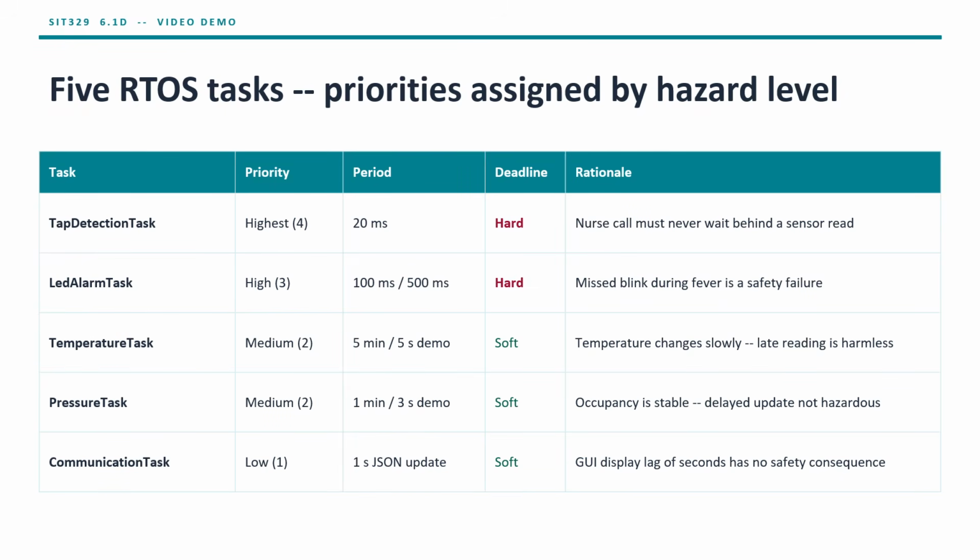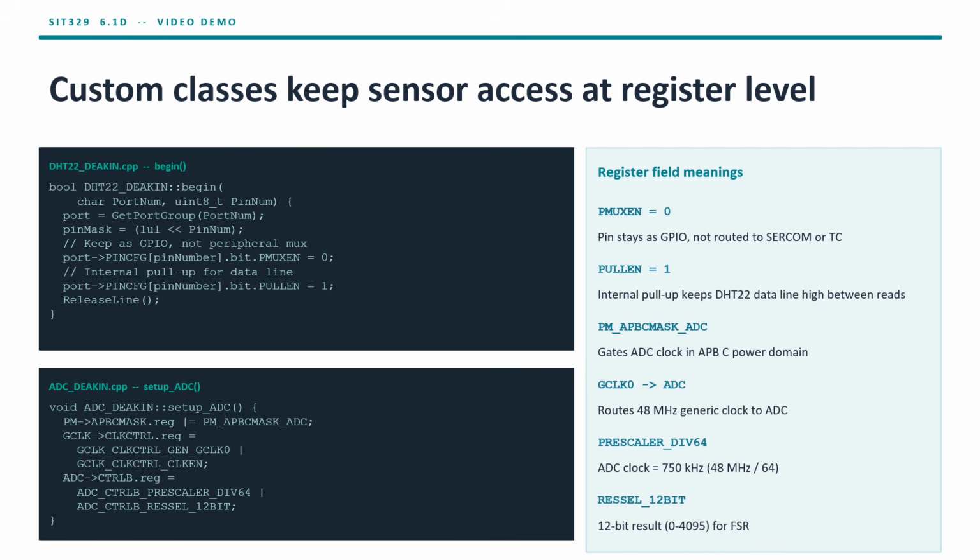If communication task holds a lock when tap detection task needs it, the scheduler temporarily boosts communication task priority so it releases the lock as quickly as possible.